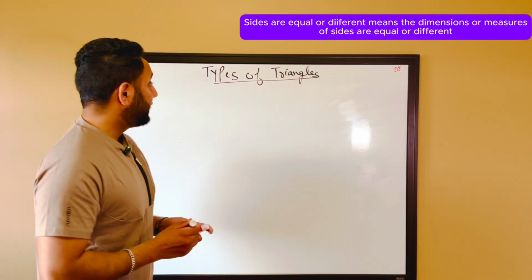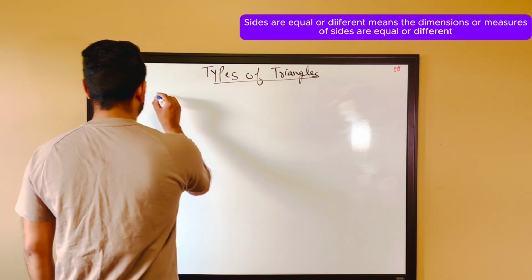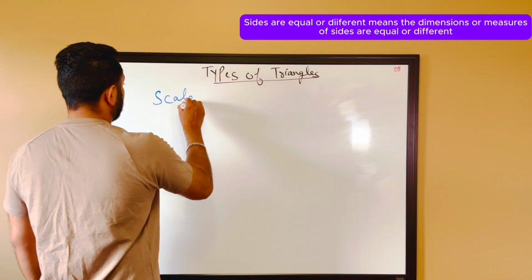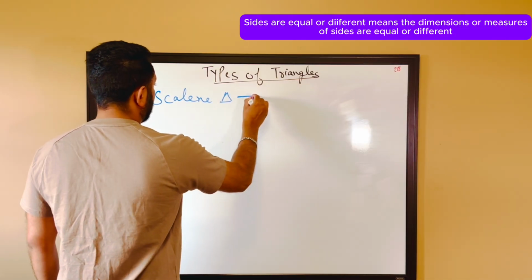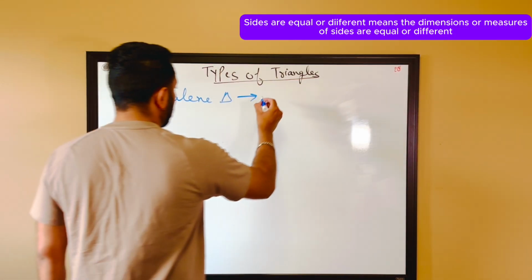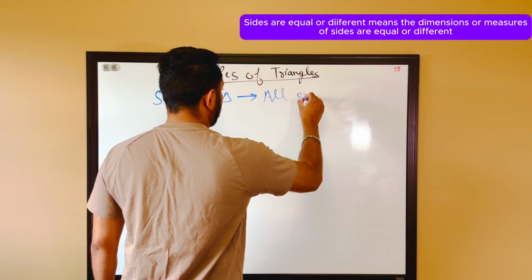So our third type is the scalene triangle. In a scalene triangle, all the sides are different.